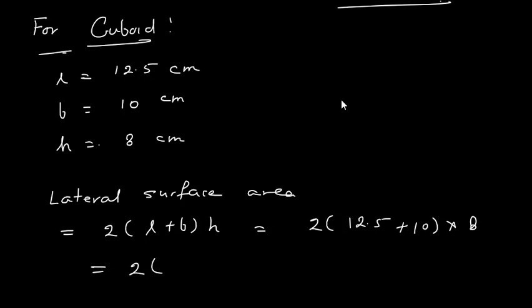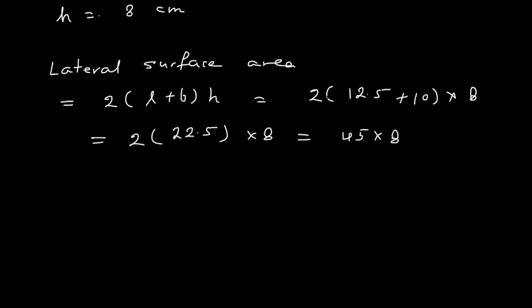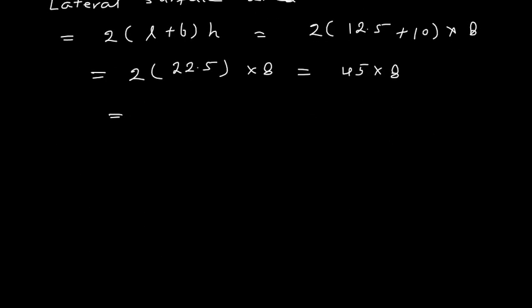This will be 2 into 22.5 into 8. This is 45 into 8. So 45 into 8: 8 5s are 40, 4, 8 4s are 32, 32 plus 4, 36. So lateral surface area is 360 centimeter square.